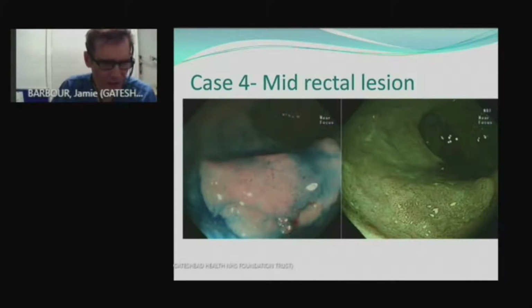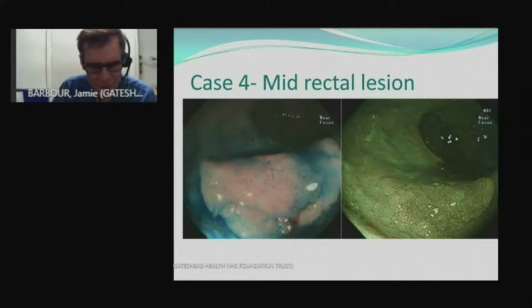So if you look closely, you can see that on the right hand picture there's some pit pattern 4, but then in the center it's different pit pattern, and you really need a zoom scope to identify pit pattern 5, because it might be pit pattern 3S, quite small and dotty like.